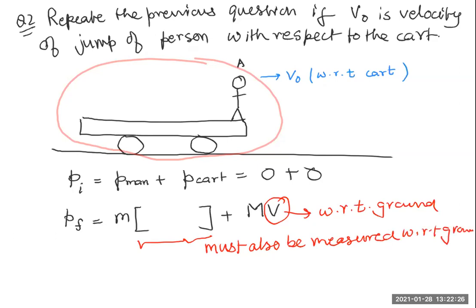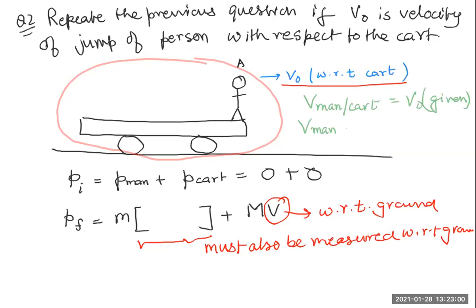Since this velocity is given as v naught with respect to the cart, I will simply invoke the formula that we learned when we were doing relative motion. So velocity of the man with respect to the cart is equal to v naught. This is what is given to us.